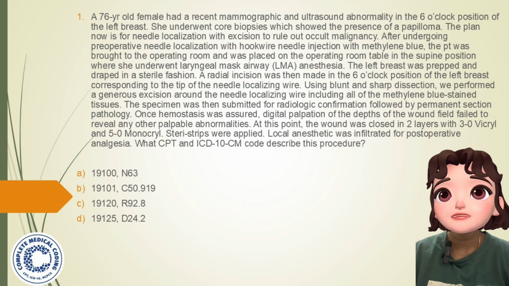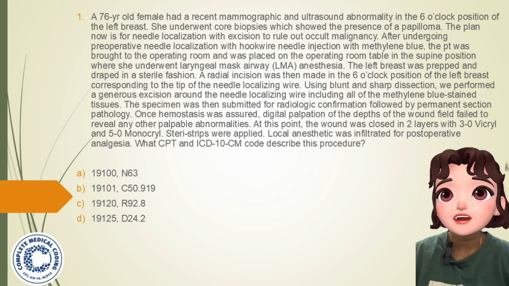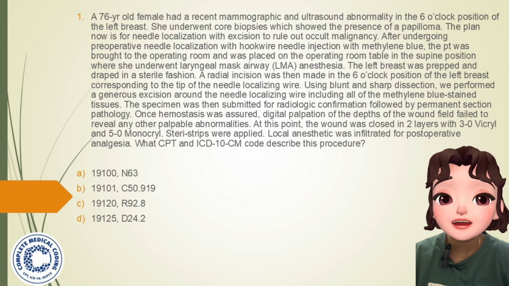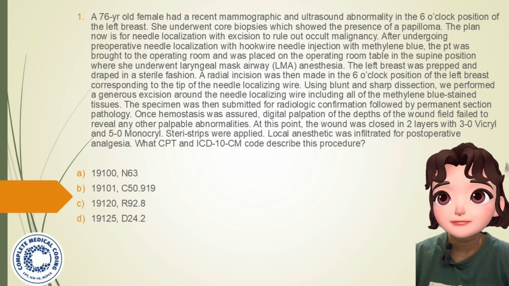After undergoing preoperative needle localization with hook wire needle injection with methylene blue, the patient was brought to the operating room and was placed on the operating room table in the supine position where she underwent laryngeal mask airway, LMA, anesthesia.